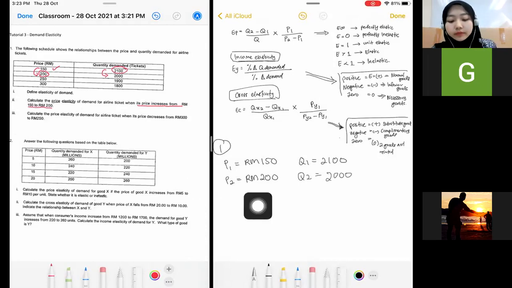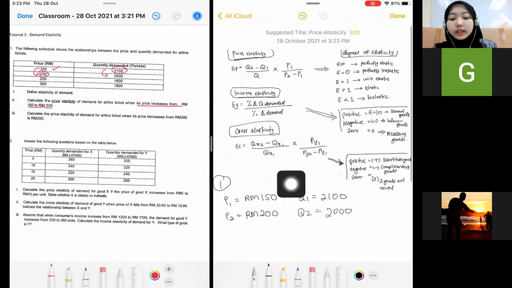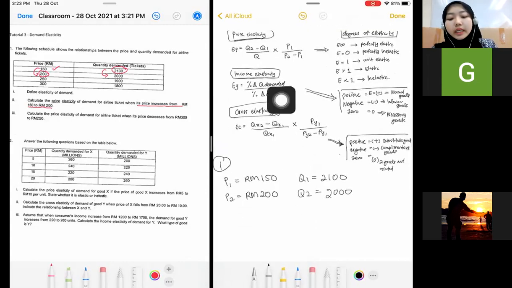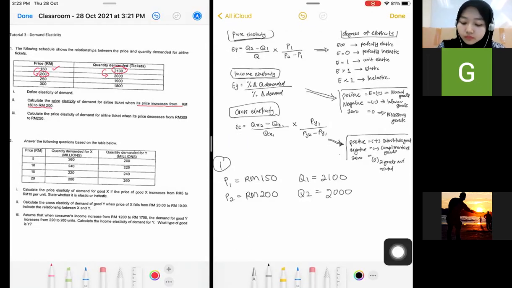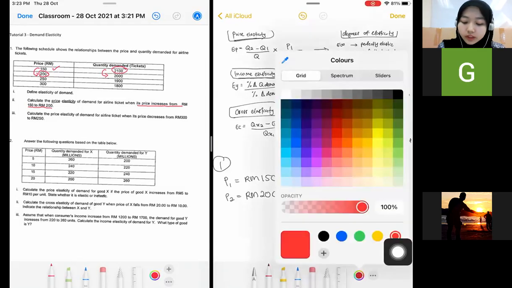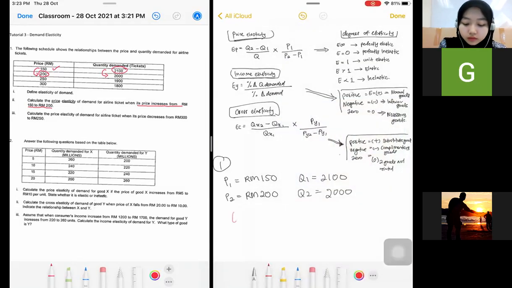Once you have identified your P1, P2, Q1, Q2, now you have to place these numbers in your formula, which you already know. All formulas are the same. Let's rewrite the formula: Q2 minus Q1 over Q1 times P1 over P2 minus P1.